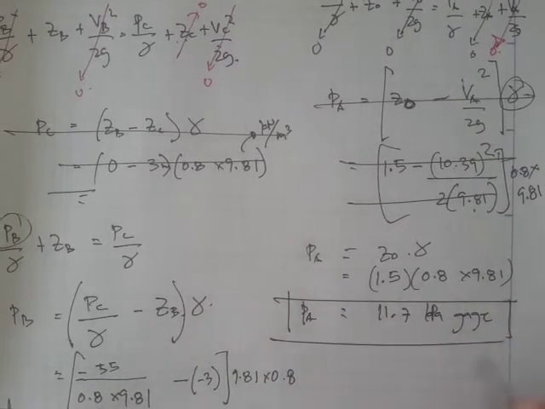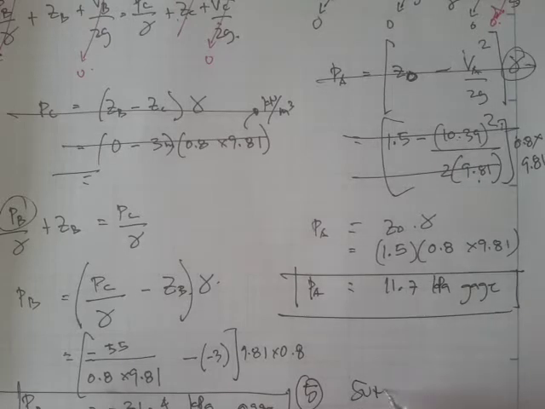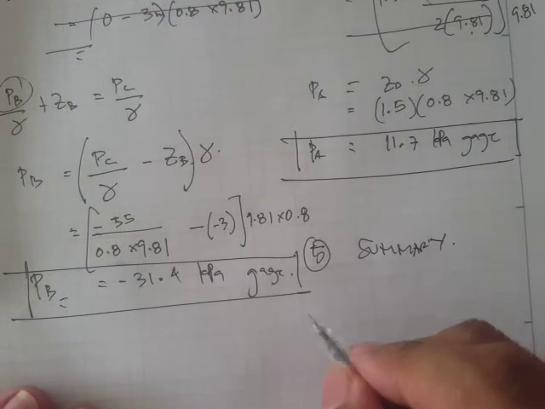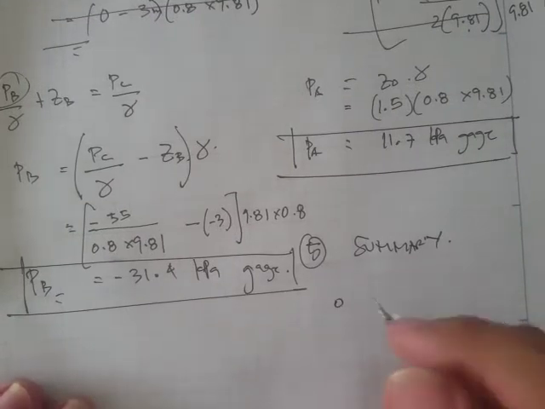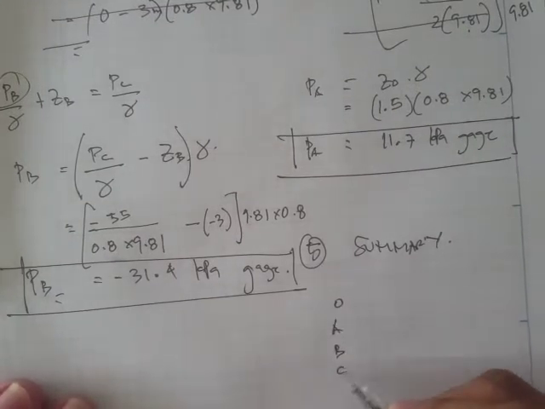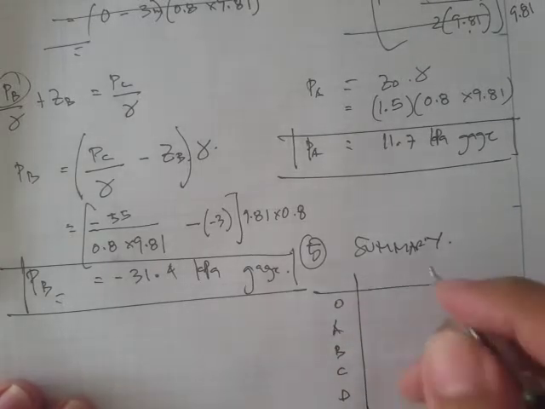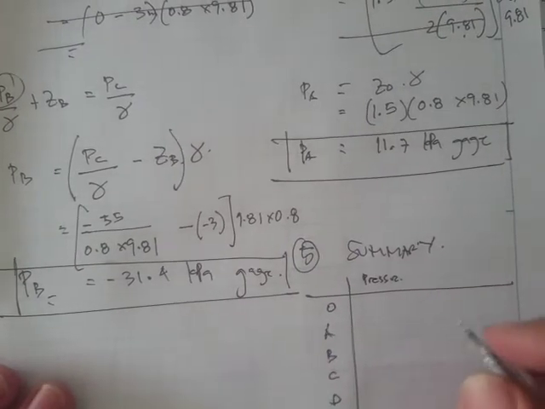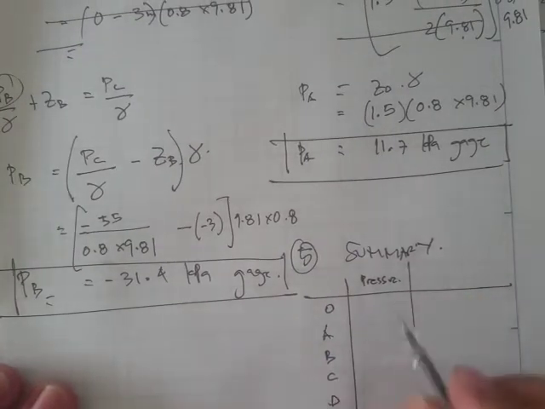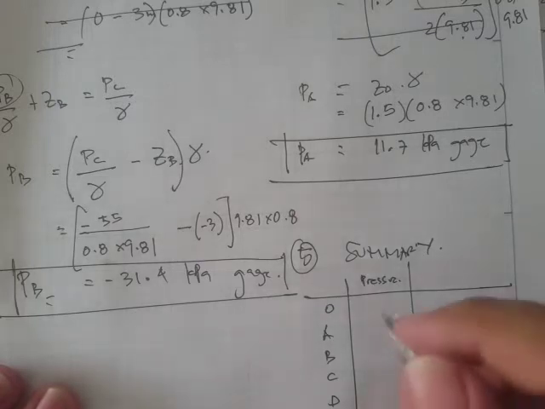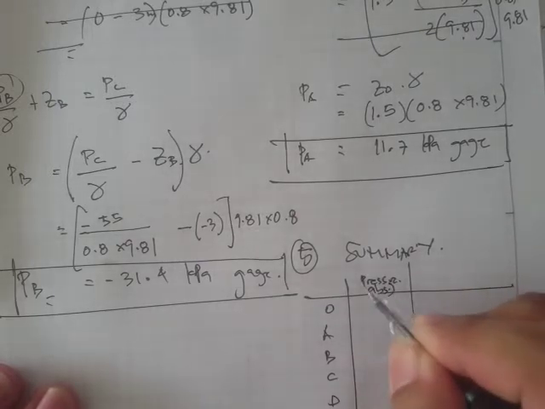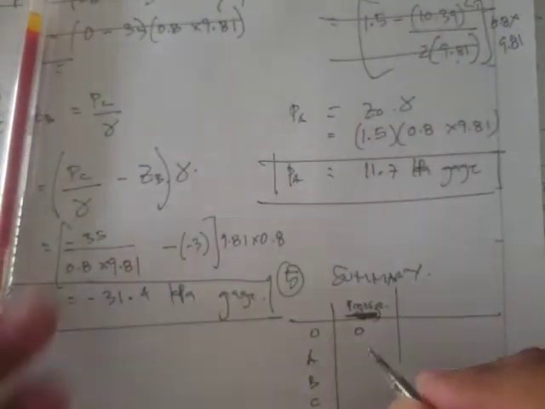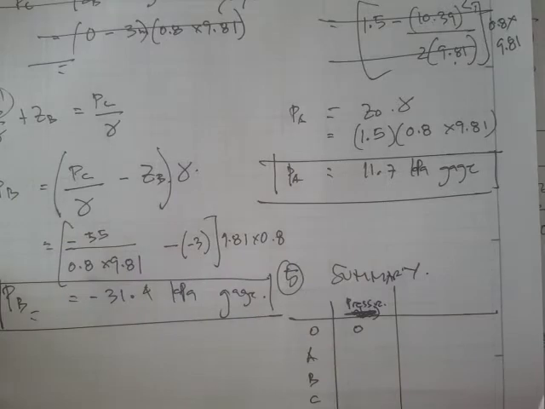And therefore, for the summary, here is our point O and our points A, B, C, and D. If you want to check the pressure, let's say in terms of gauge pressure, here we have zero gauge pressure. At point D we have zero gauge.